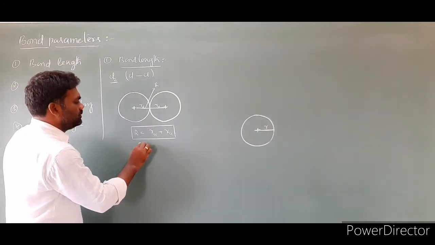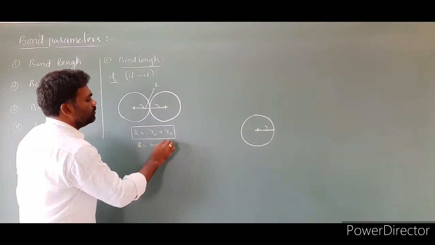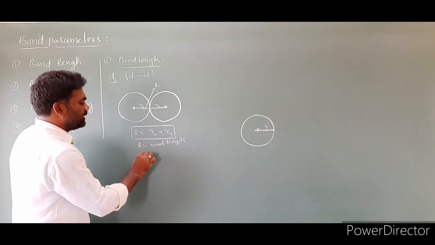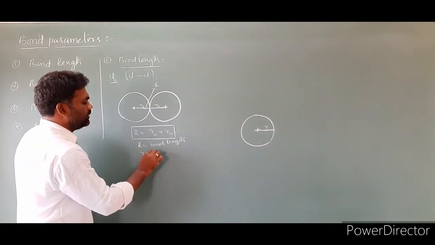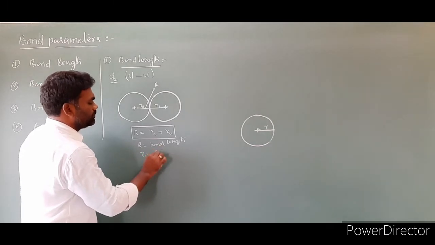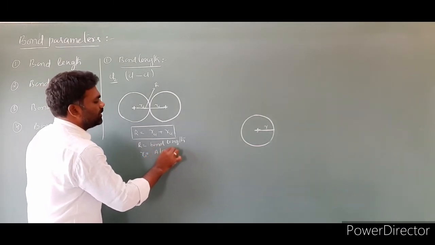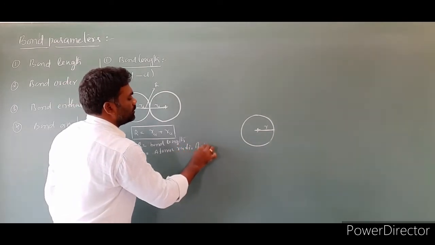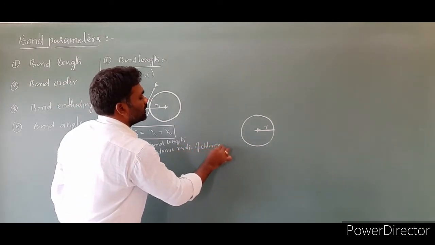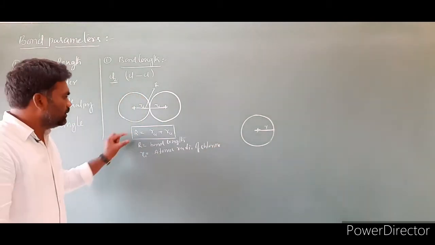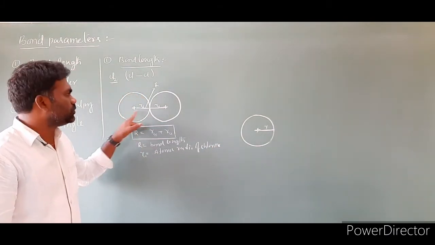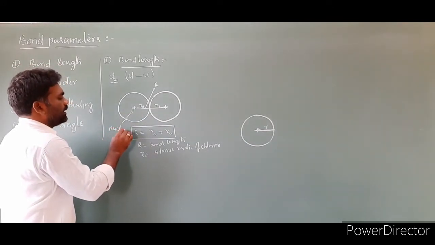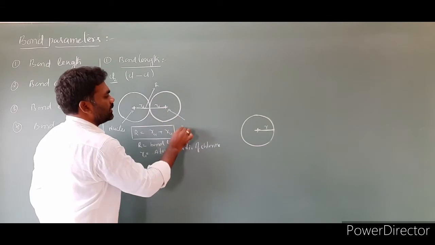So R is equal to the bond length, and RCl is the atomic radii of chlorine.